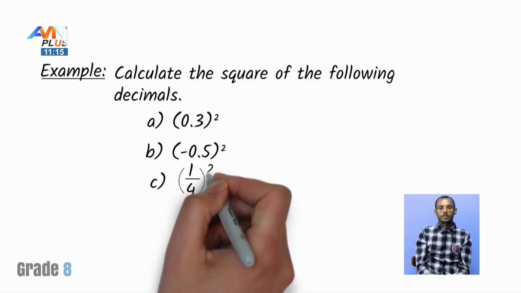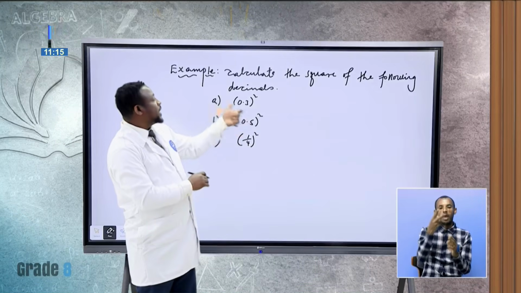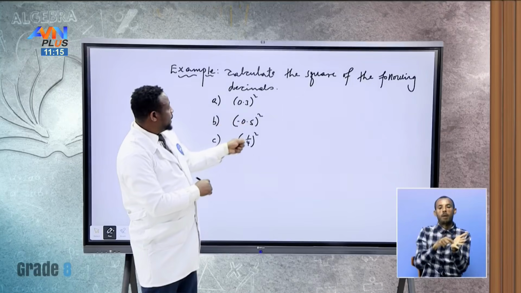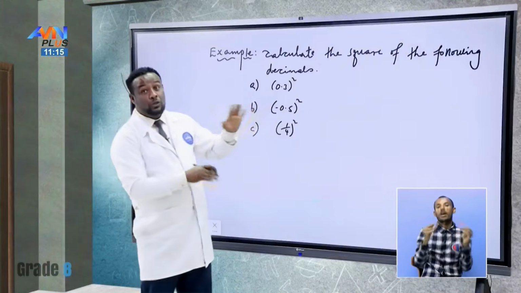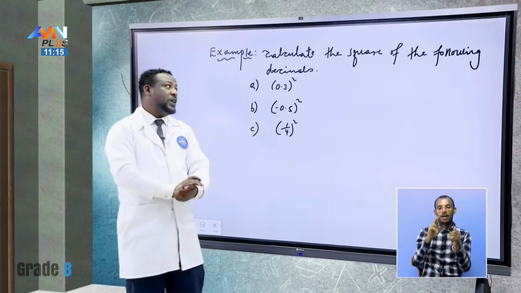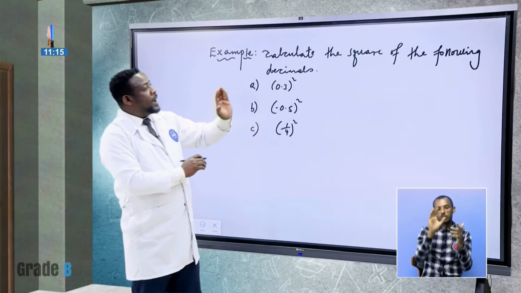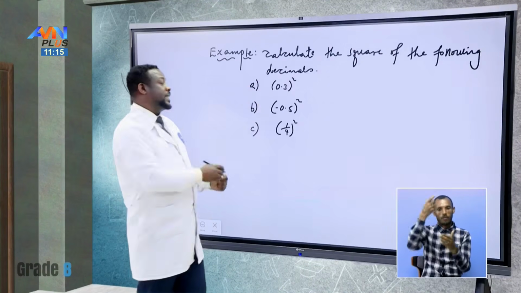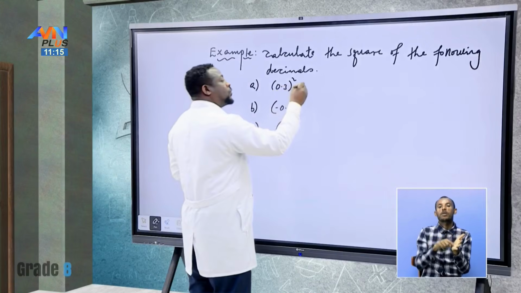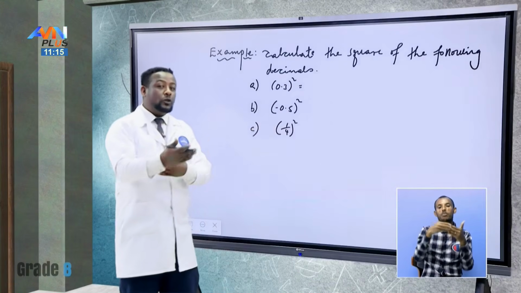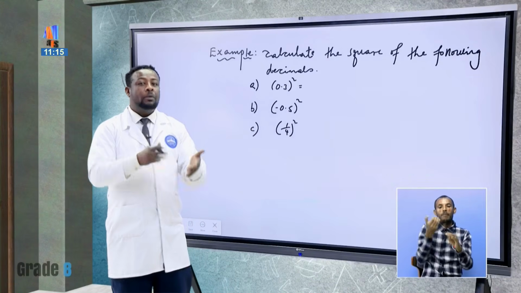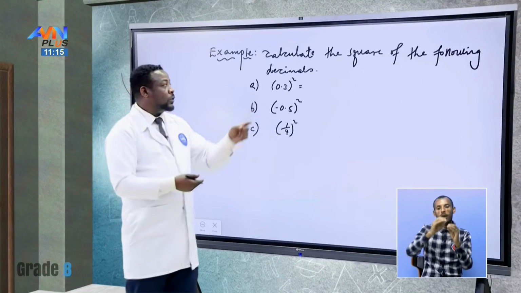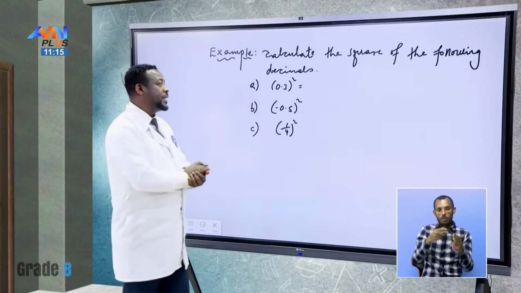Now let's see how we can calculate the squared value of these decimals and this fraction. The first two are decimals, the third one is a fraction. Whenever you are asked to calculate the squared value of a decimal, you need to follow the procedure that we used in the previous example, because by definition, the squared value of a number is the product of two identical factors.